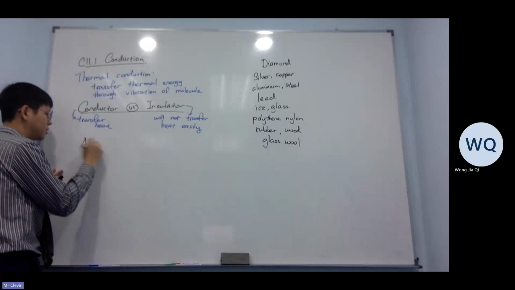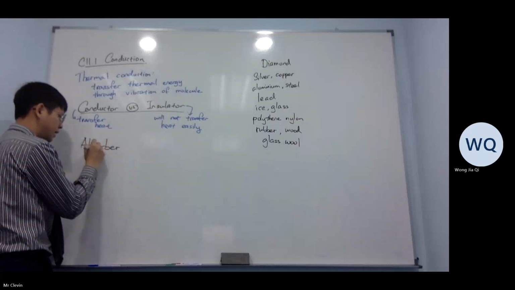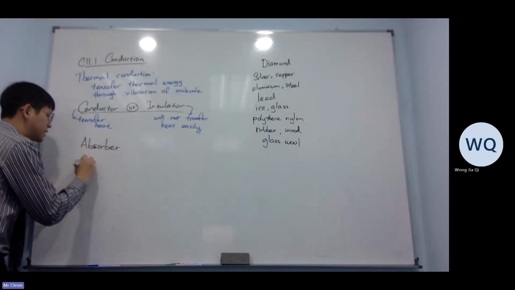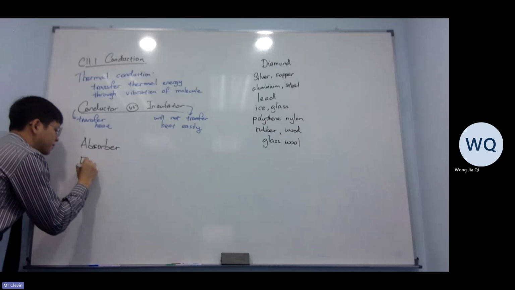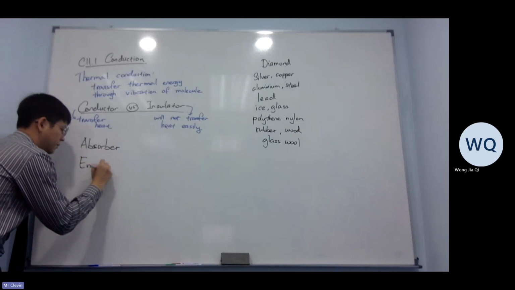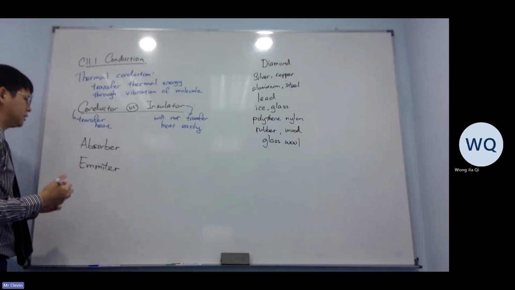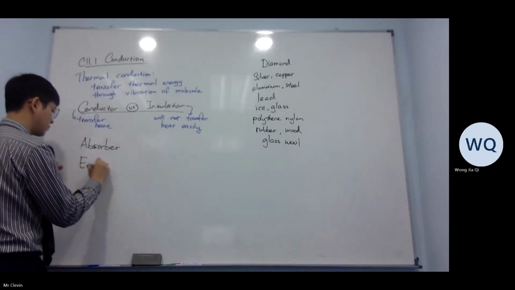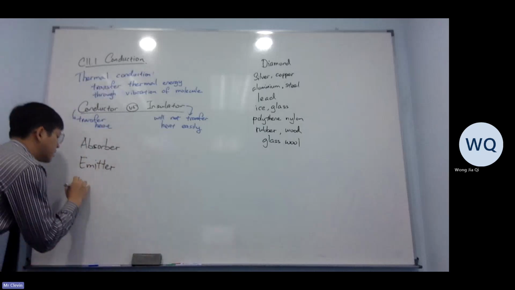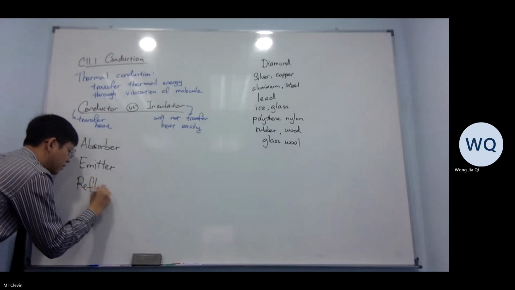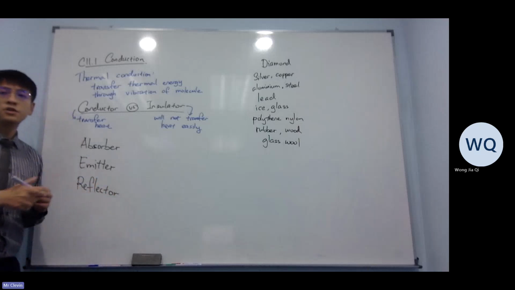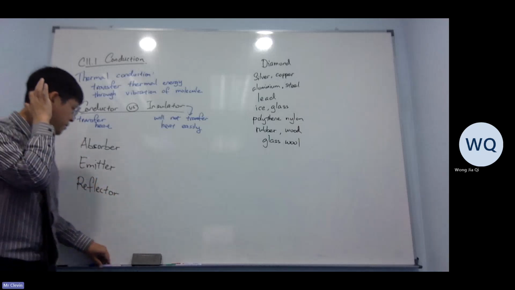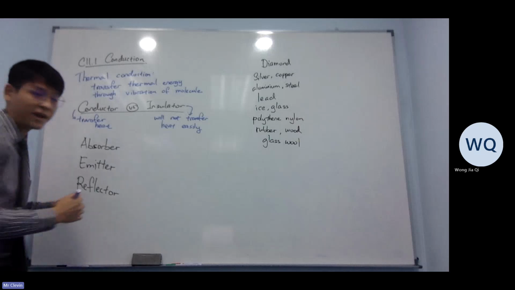Let me start with absorber, and then there is something we call an emitter, and then the last one we call a reflector. So what is the meaning of absorber, emitter, and reflector?